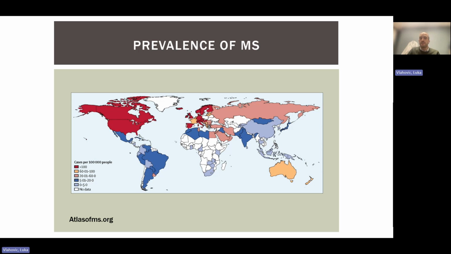And as you can see from this picture, it is much more prevalent in the US, especially the northern part of the US, Canada, and some parts of Central and Northern Europe than it is in Africa or South America. Again, following that gradient, going further from the equator, the disease is more prevalent.